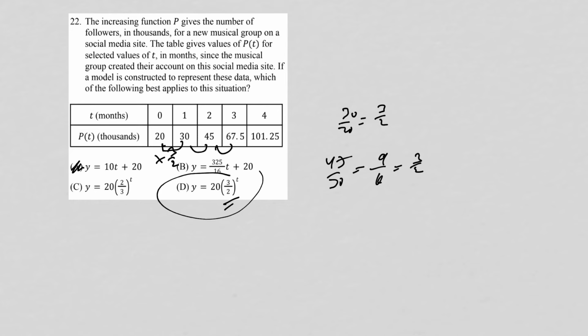Now, 20 to 30, 30 over 20 is 3 halves, so it's times 3 halves. Now 45 over 30, if I reduce it, divide both by 5 first, let's say, 9 over 6, now divided by 3, is also 3 halves. So this is exponential, and it's this one, choice D.